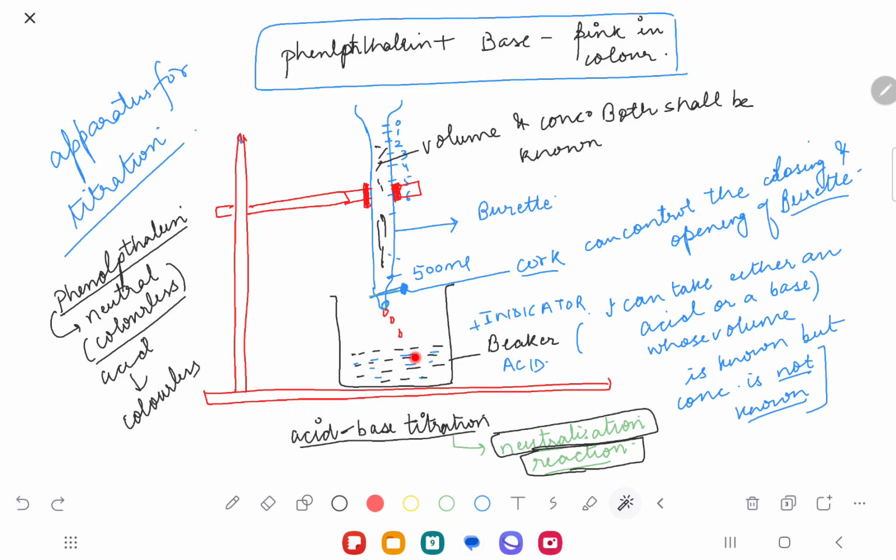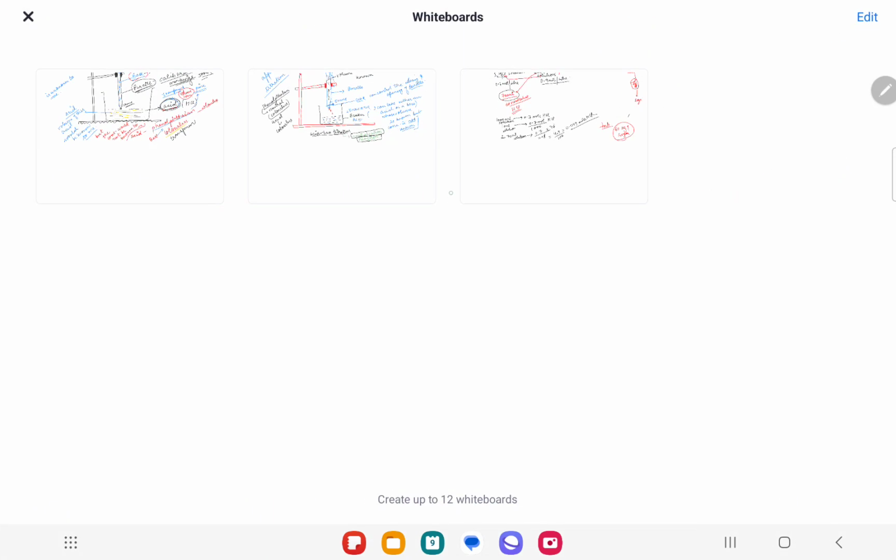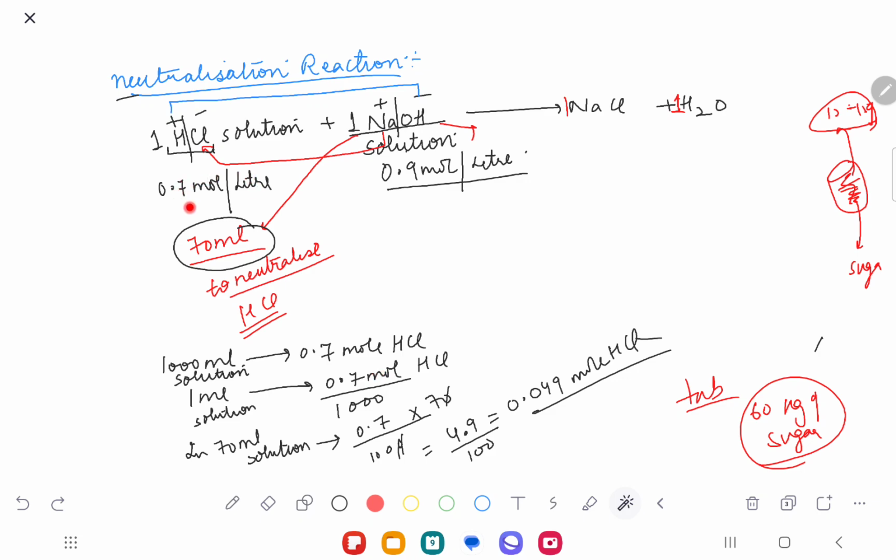So 70 ml will not have all the moles in it, because I have the data about how many moles of HCl you have in 1 liter. You understand how many moles of HCl we have in 1 liter?